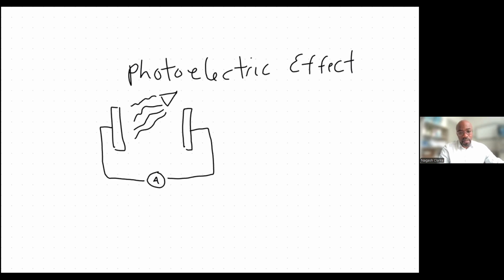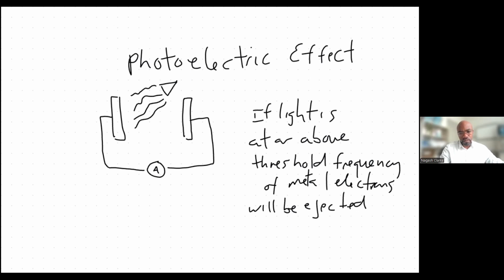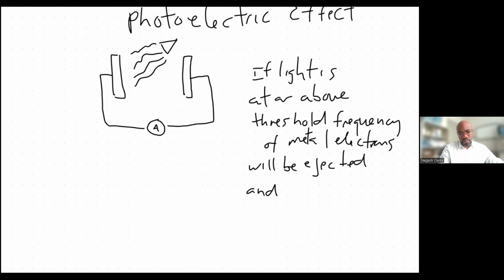then if the light is at or above the threshold frequency of the metal, electrons will be ejected and complete the circuit. Only if the light is at or above the threshold frequency of the metal.